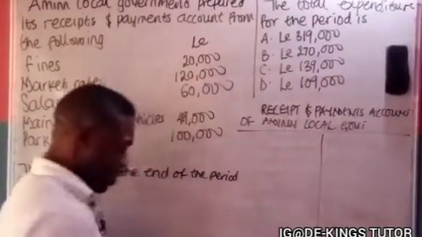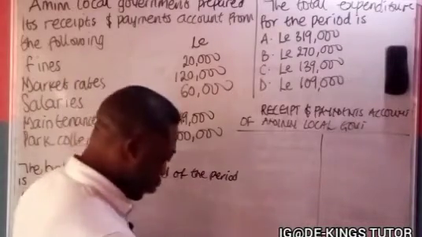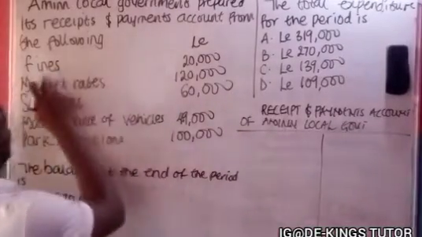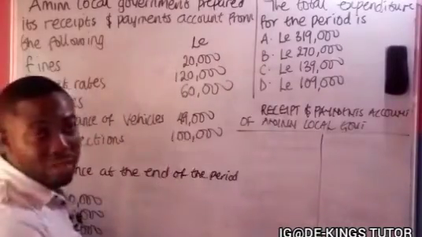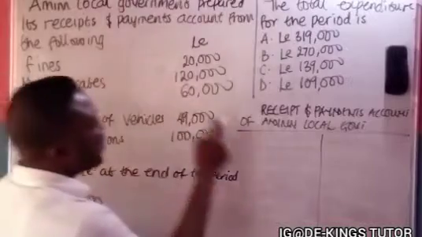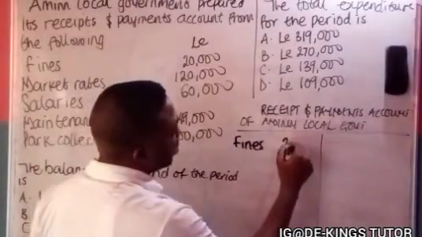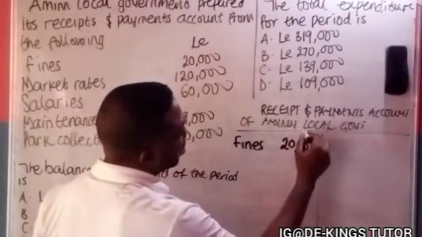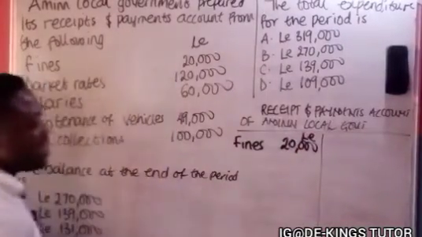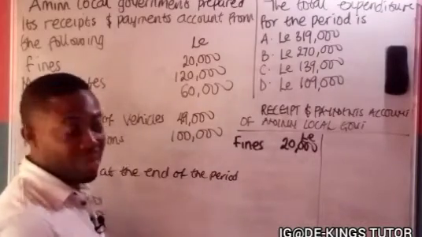So the debit side is the receipt while the credit side is the payment. Now we're going to identify what they are receiving as income and what they are paying. Now, fines. Fine is a receipt. Fines is what they are receiving. That's one of the sources of income of the government.